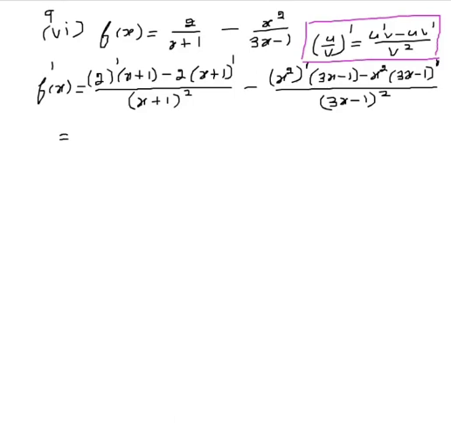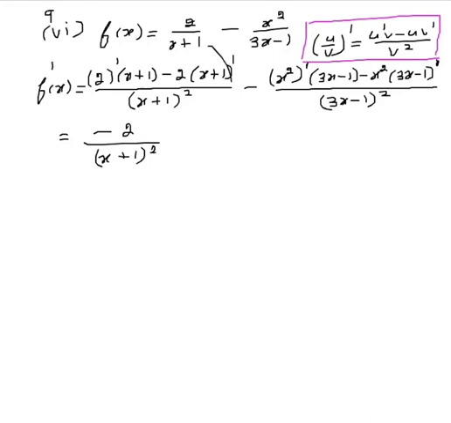Derivative of 2 is 0. So the first term becomes 0 minus 2 times differential of x is 1 and differential of 1 is 0. 1 plus 0 is 1. So 2 into 1 is 2 divided by x plus 1 the whole square.